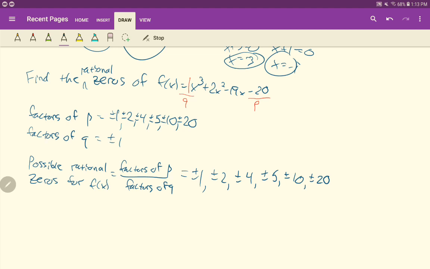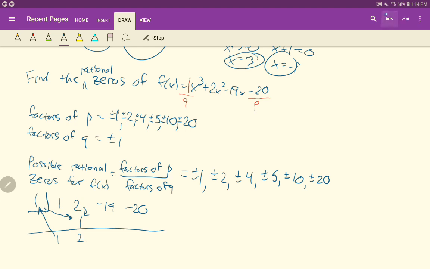So let's guess one of these here, and let's try positive 1, just to start off with our list. I'm going to guess positive 1 works, and then I'll put my coefficients in here from this polynomial. So it's going to be 1, 2, negative 19, and negative 20. Leave a space, right? Drop the 1 down. And then 1 times the 1 makes 1, and then we'll add the 2 and the 1 to make 3.